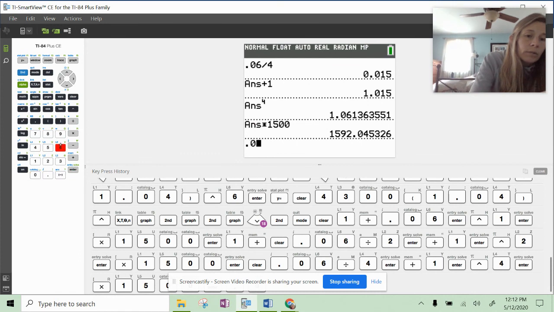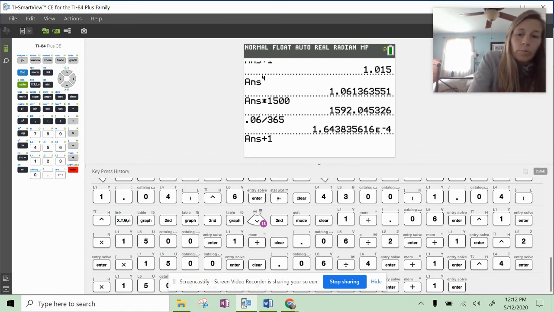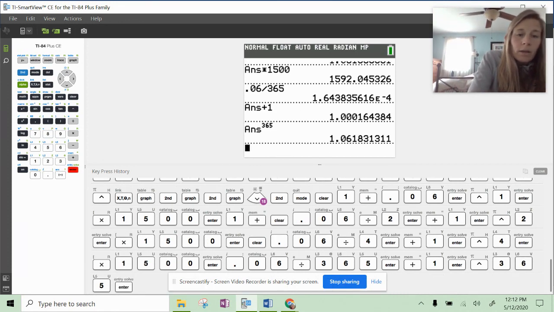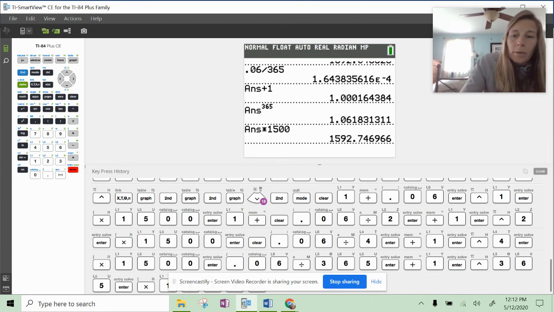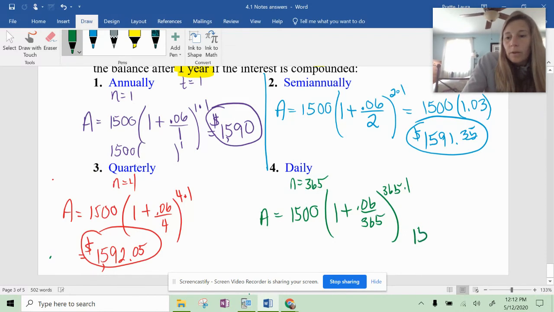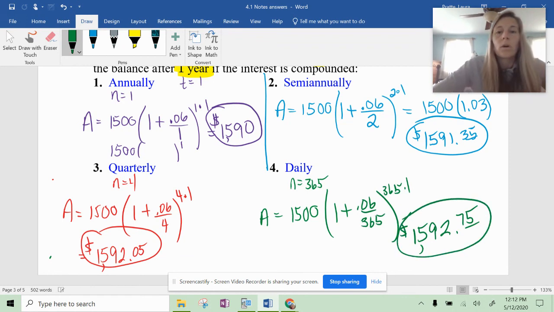So 0.06 divided by 365 plus 1, that's our parentheses. Raise it to 365, and then multiply that by the 1,500 out front. And we have 1,592.75.